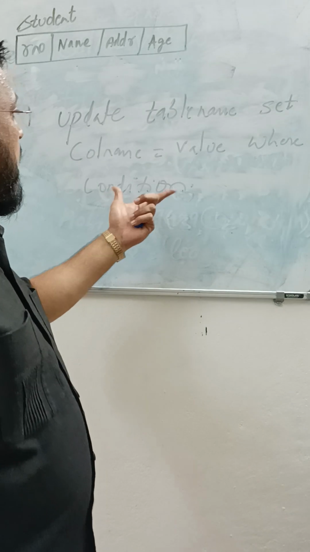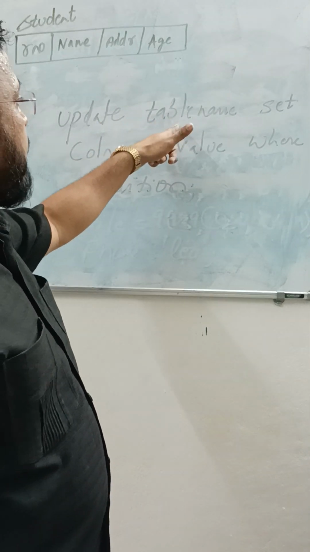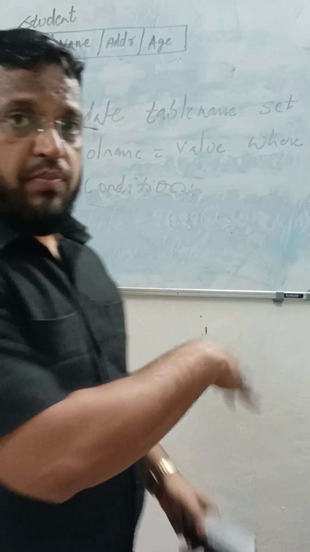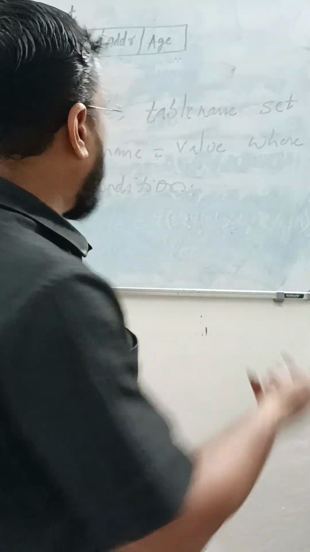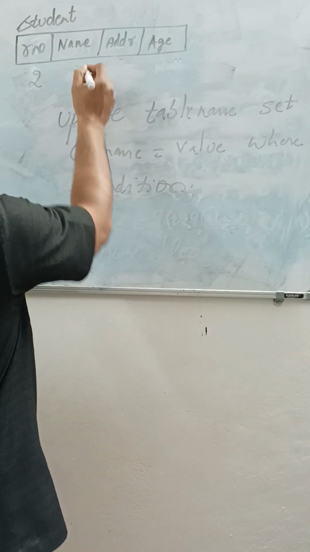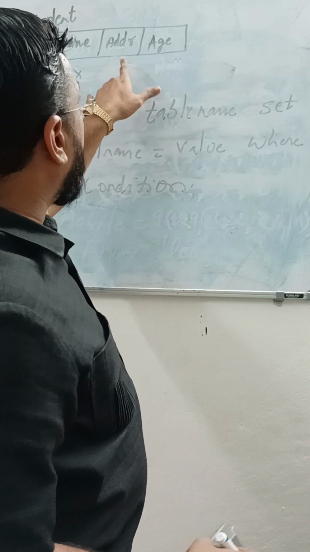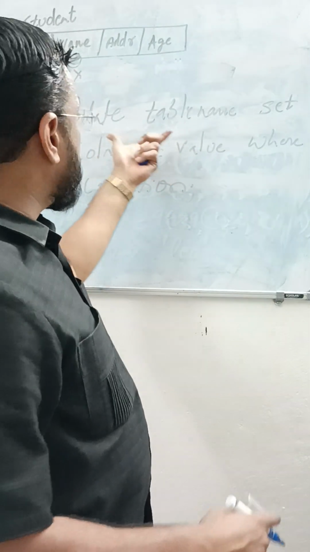So here, for example, in my previous example I had inserted only some values. Now if you want to add values for address and age, I can use this update command.